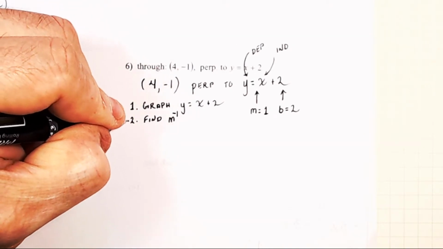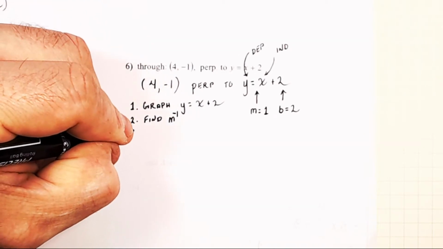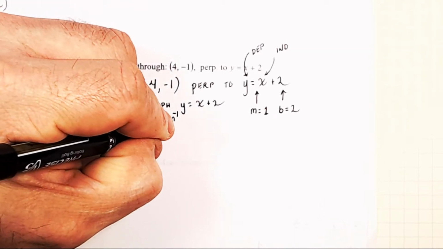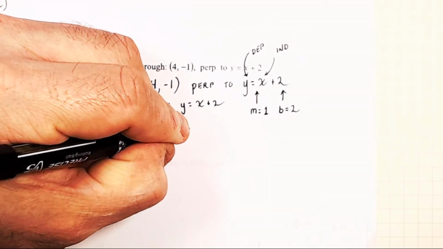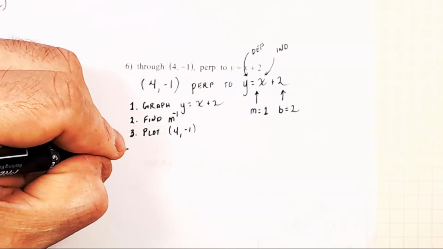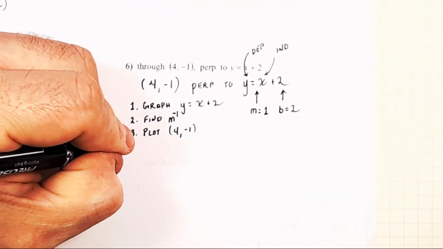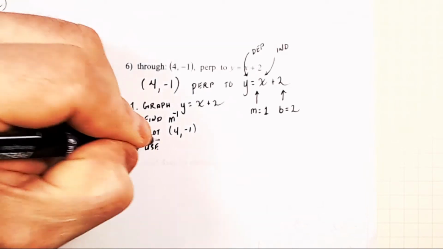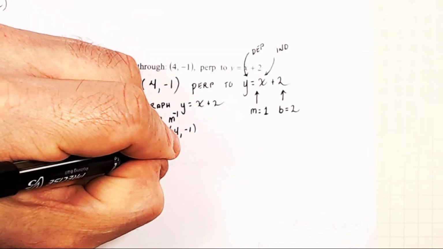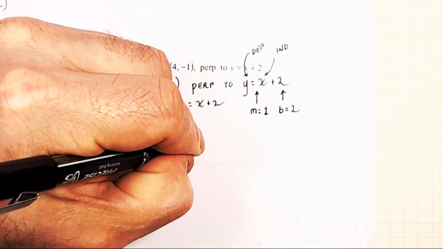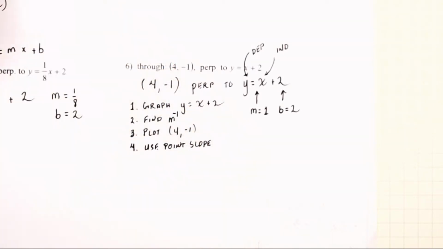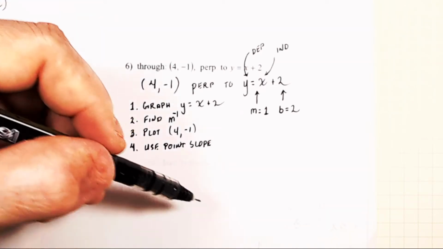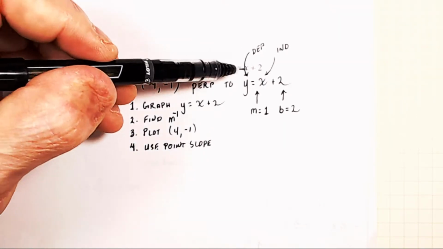Once I find the negative reciprocal of the slope, I will plot point 4, -1. After I plot 4, -1, I'll use the point slope formula to find the perpendicular line, the equation of a line perpendicular to this line.